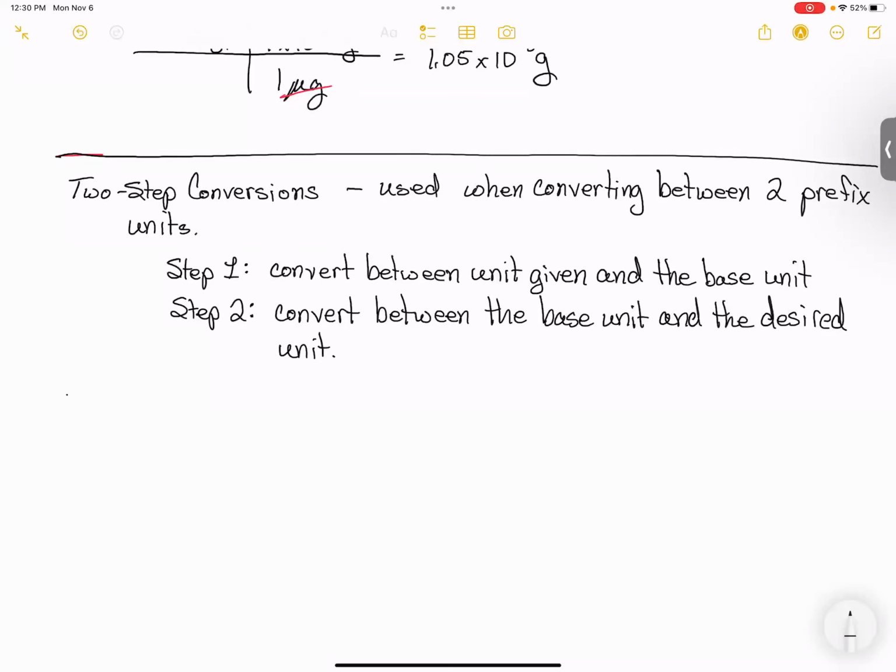Let's look at some examples. How many nanograms is equal to 75 kilograms?